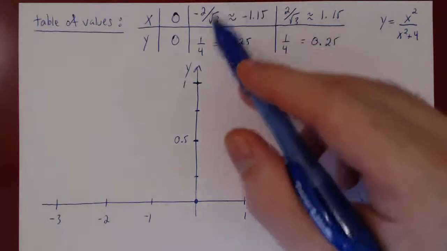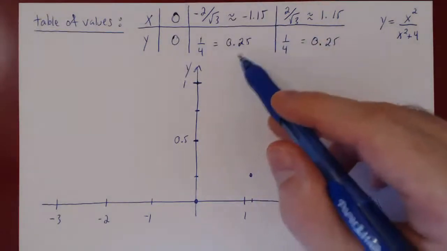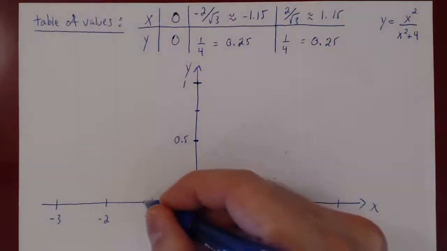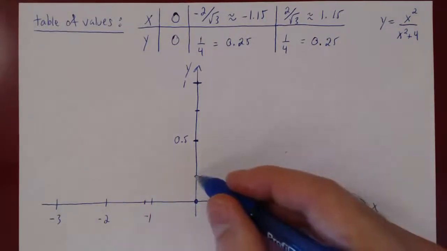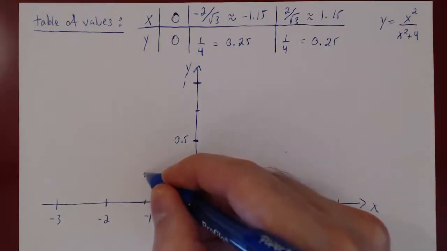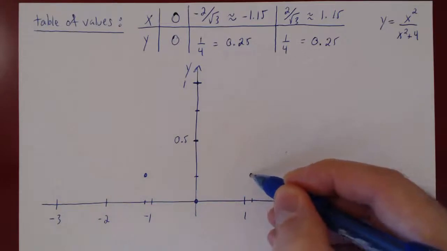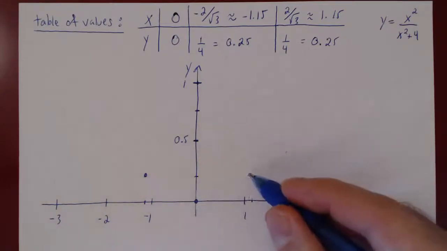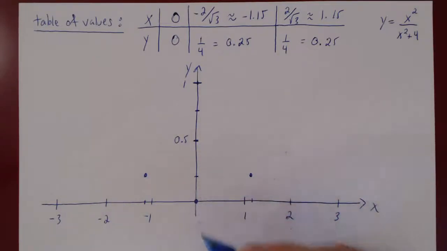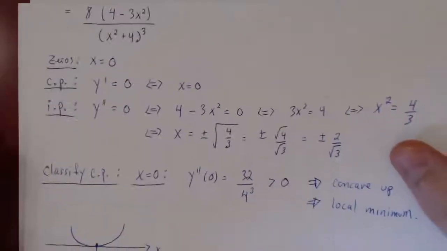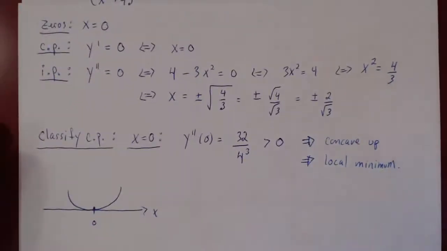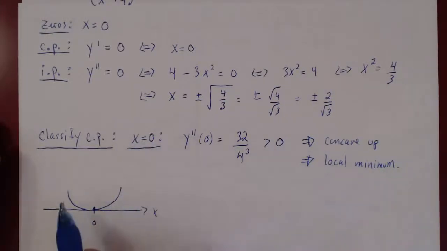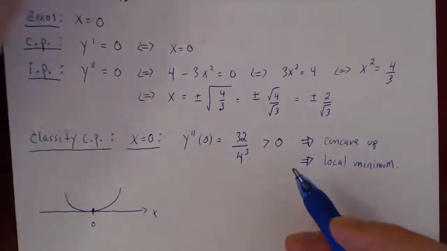And of course, the mirror point, -1.15, 0.25, so it'd be roughly here. So we have our two possible inflection points, and our unique critical point. And if you remember, we found, after we classified it, that x equals 0 was a local minimum. So we glue this picture onto our point 0, 0.